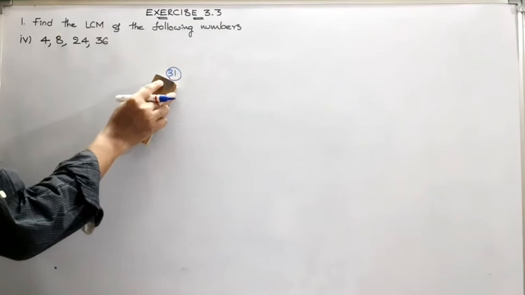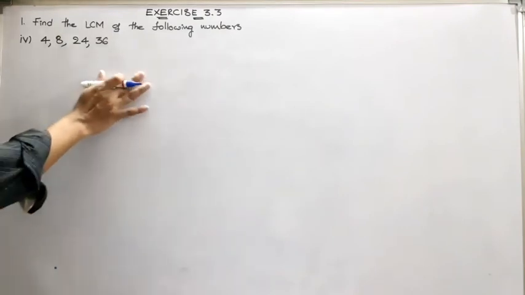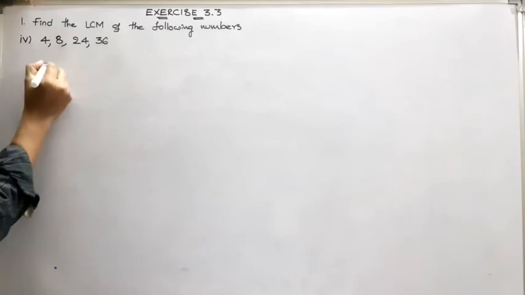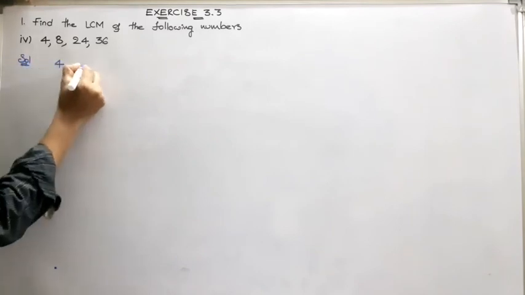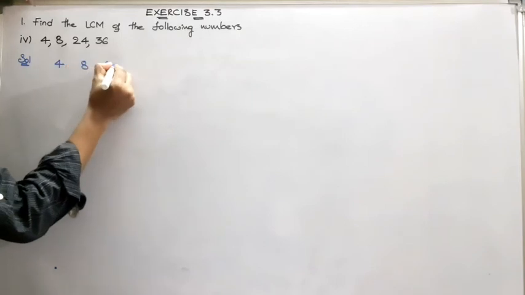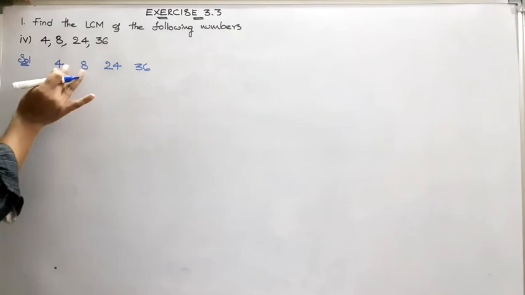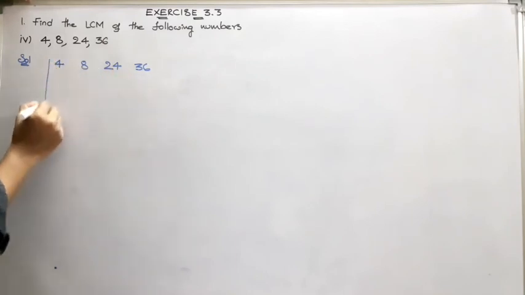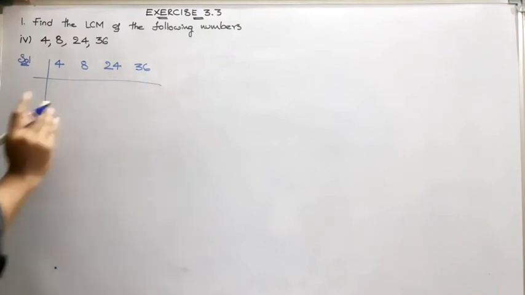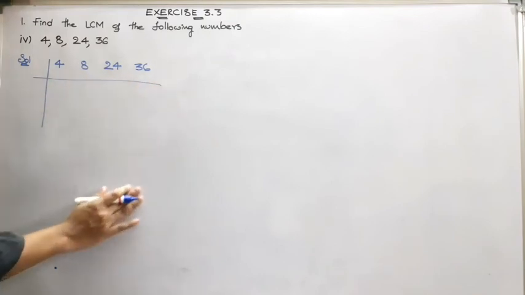Directly go to the 31 table so that you will get the answer. Anyway, now look at the board. The given numbers are 4, 8, 24 and 36. As I am writing, you better leave some space between the numbers so that everything comes nicely, and try to adjust only 2 problems in a single page so that it will look good.